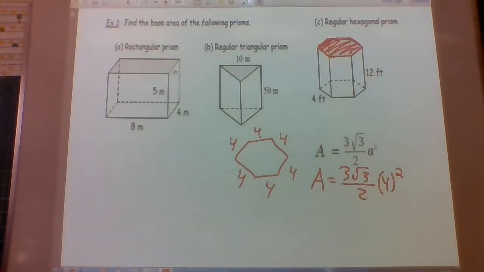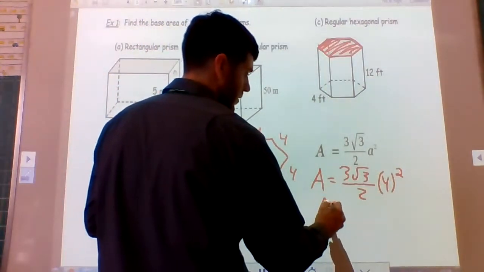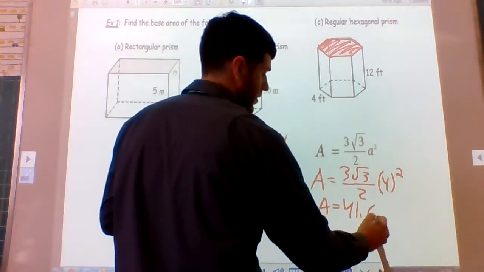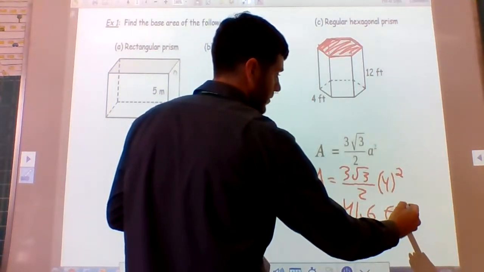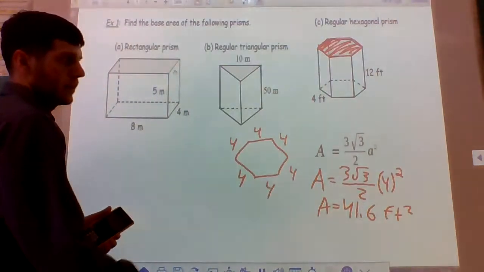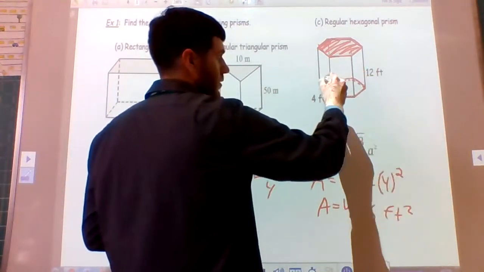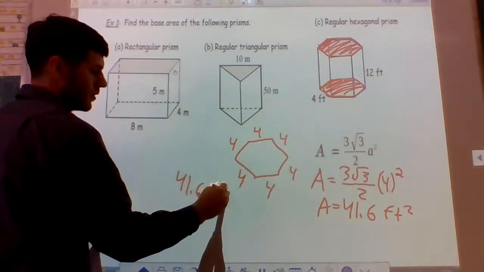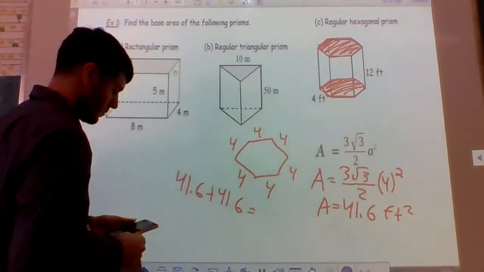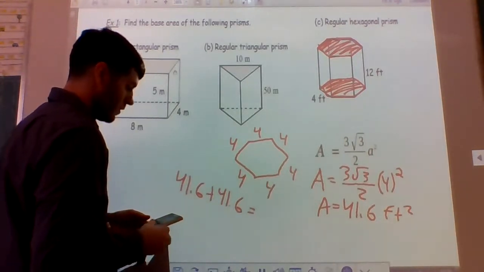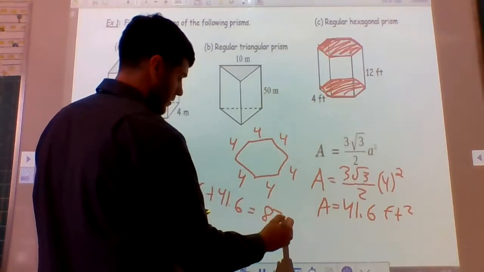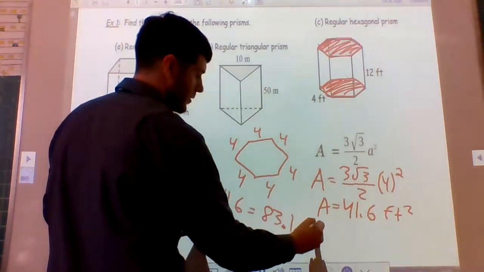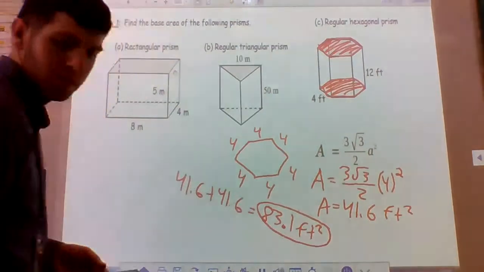Three square root of 3 divided by 2 times 16, 41.6 feet squared. Okay, there's 2 hexagons though. So the area of both of those hexagons is 41.6 plus 41.6, which is times 2, is 83.1 feet squared. So let me write that down.